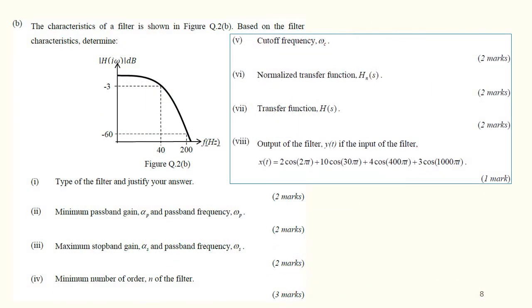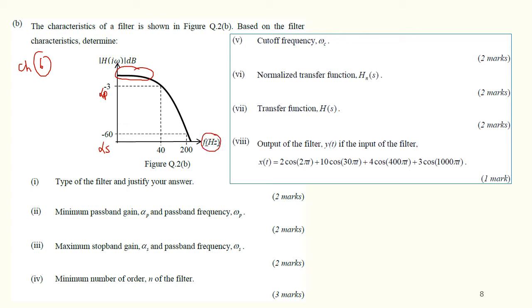And next is question part B. This is the filter analysis from chapter 6. So when you have a frequency response, you can identify what type of filter it is. It is flat top, so obviously it is Butterworth, and then you can write down the parameters. Here you have alpha p and alpha s, and please take note of the unit as well.